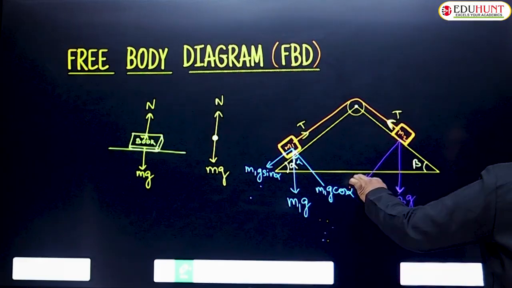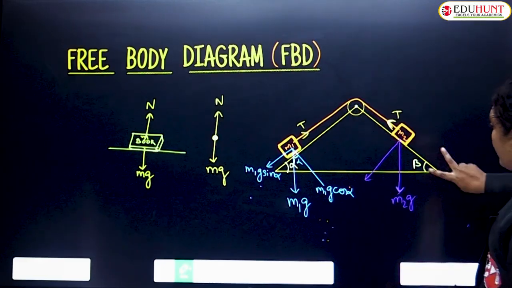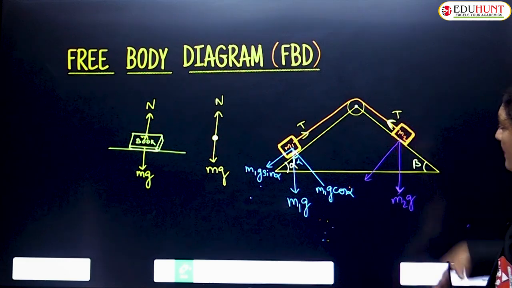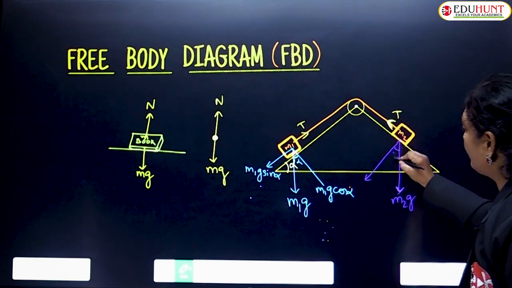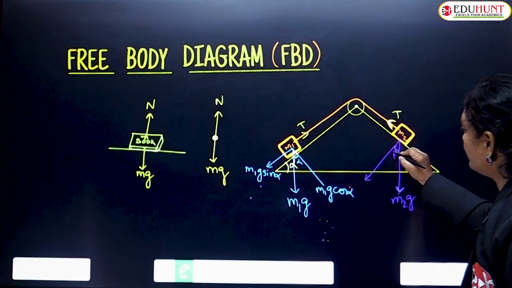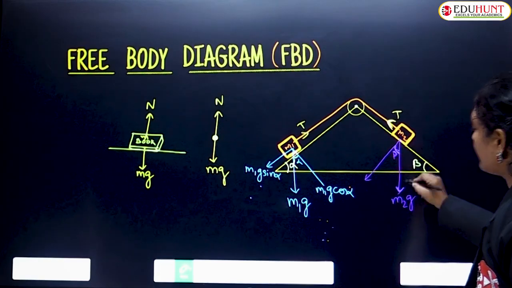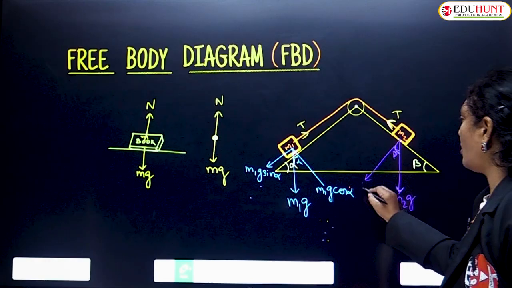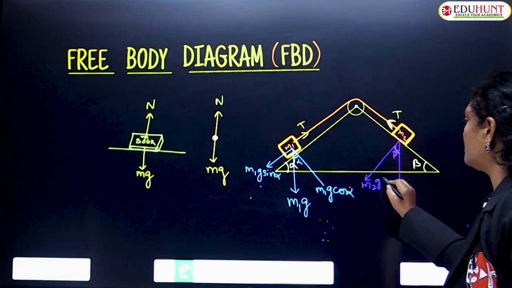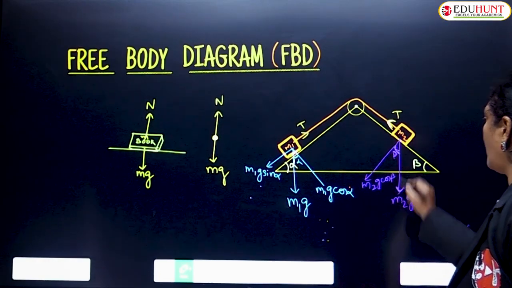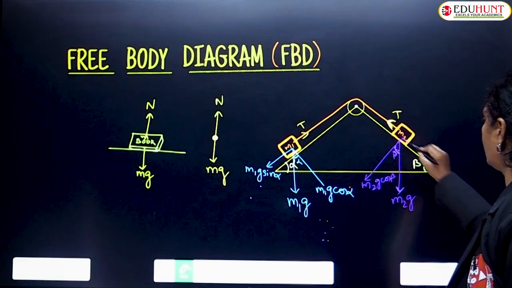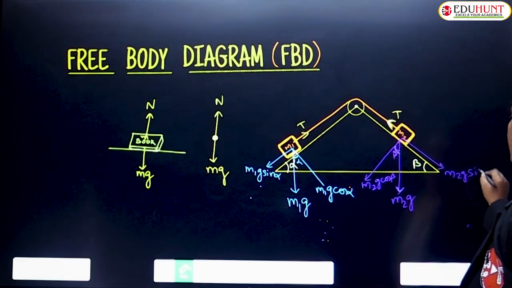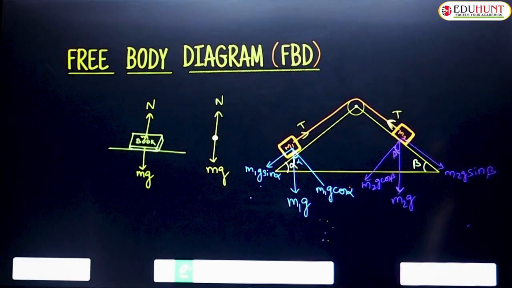As the angle between these two lines is beta, the angle between the two perpendicular lines must also be beta. So now it is very clear that m2g can be resolved into two components: m2g cos beta and m2g sin beta. This portion is clear, children.